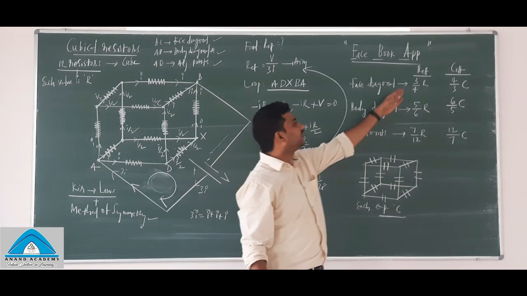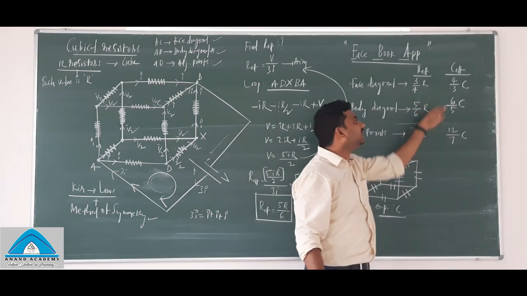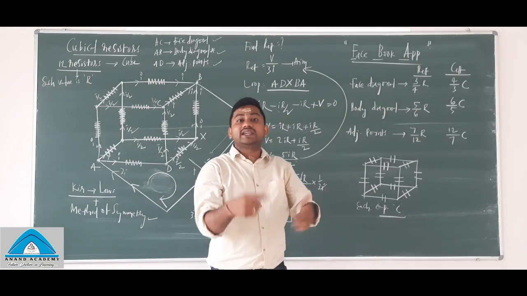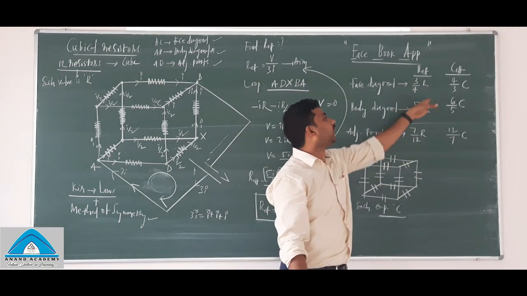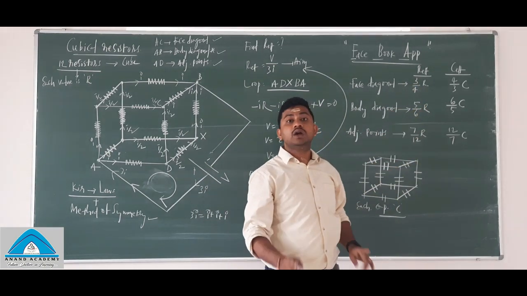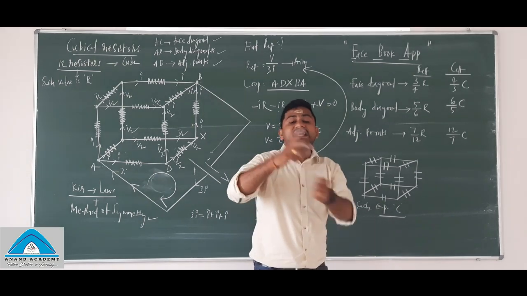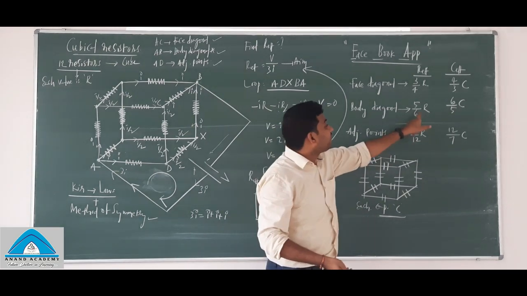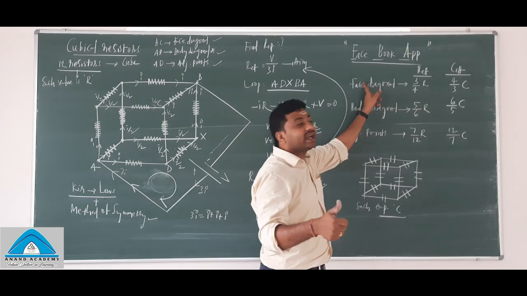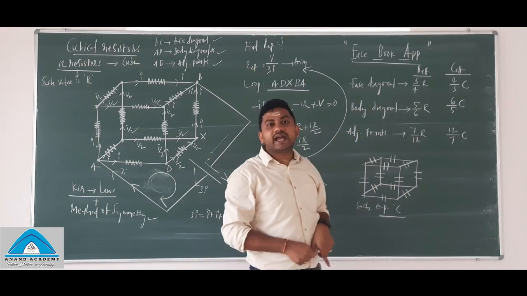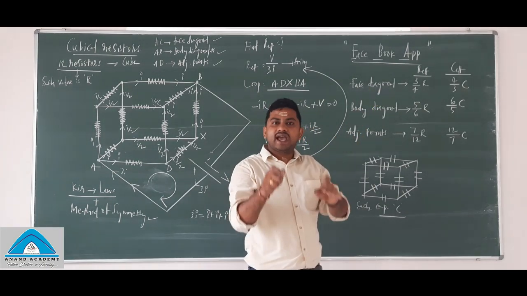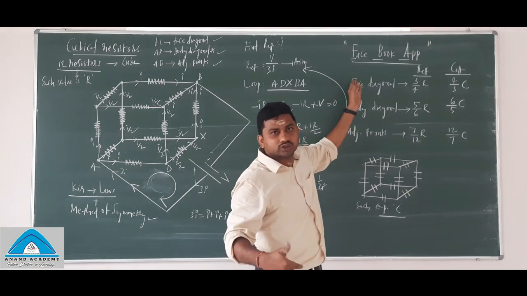Okay. So once you understand this, it will be easy for you. I could give you directly 3 by 4 R, 5 by 6 R, 7 by 12 R. But students generally get confused about which is for what: 5 by 6 R for the face diagonal, adjacent point or body diagonal? So that's the reason I have given a shortcut to find the order also.